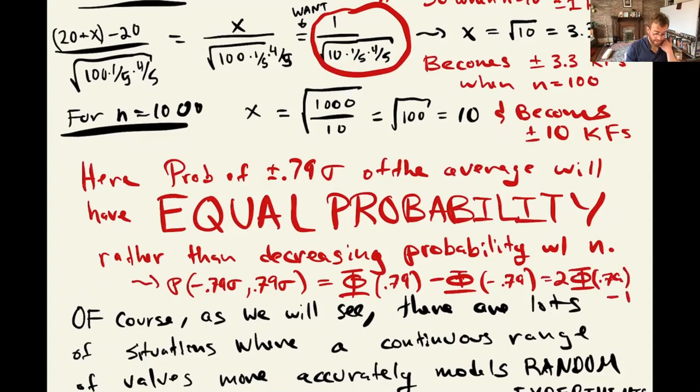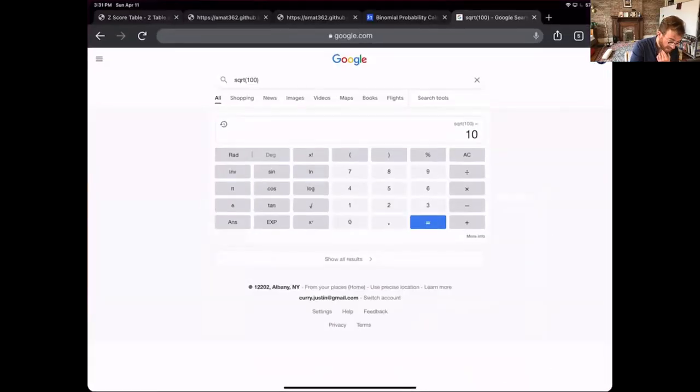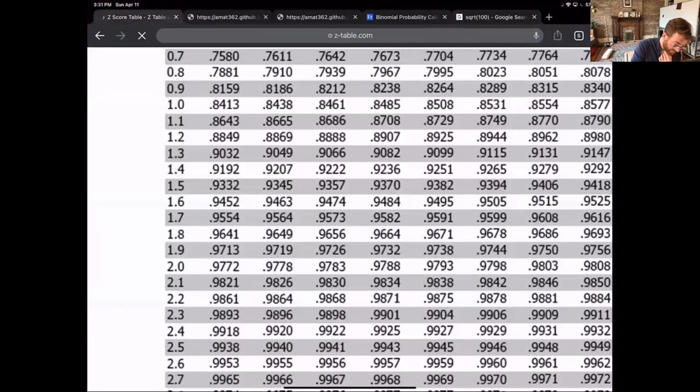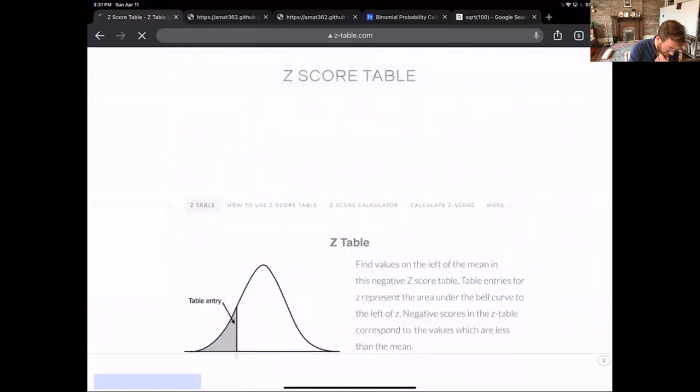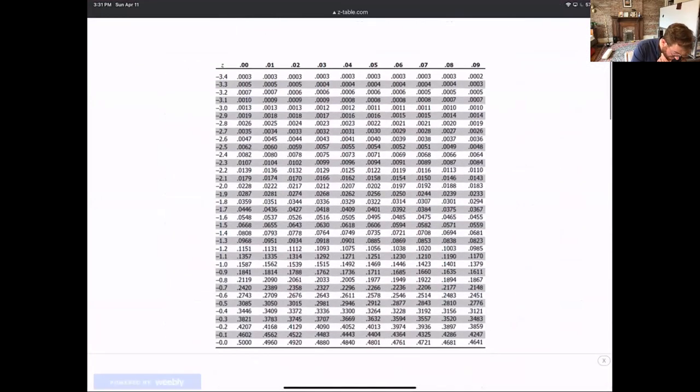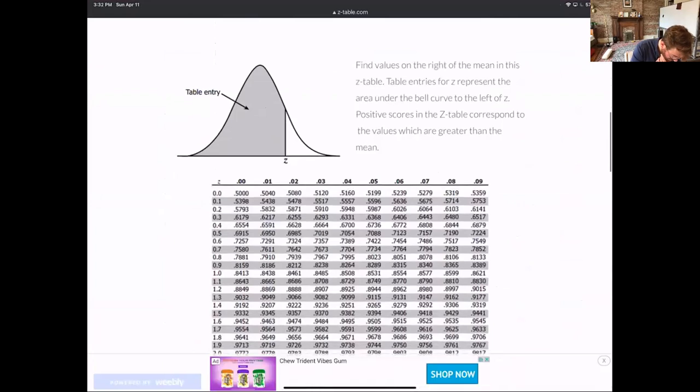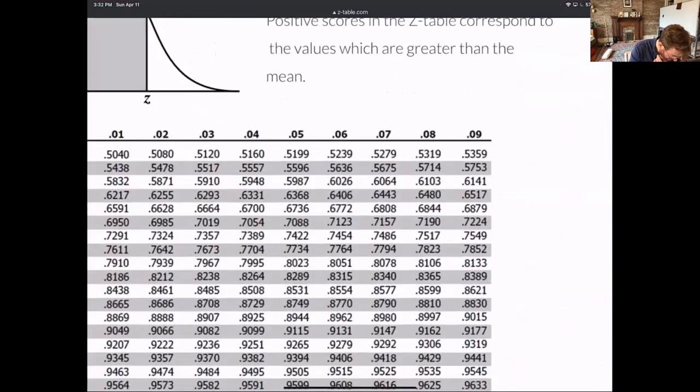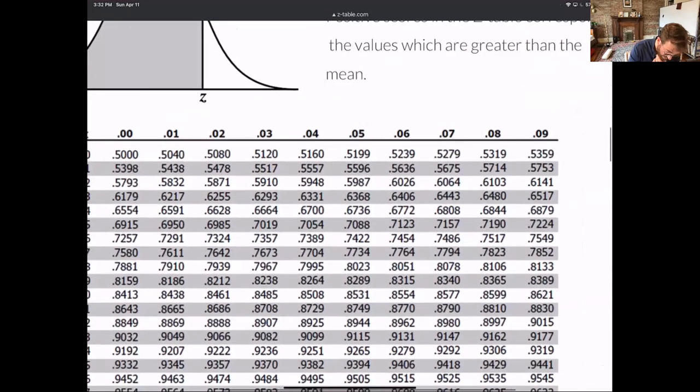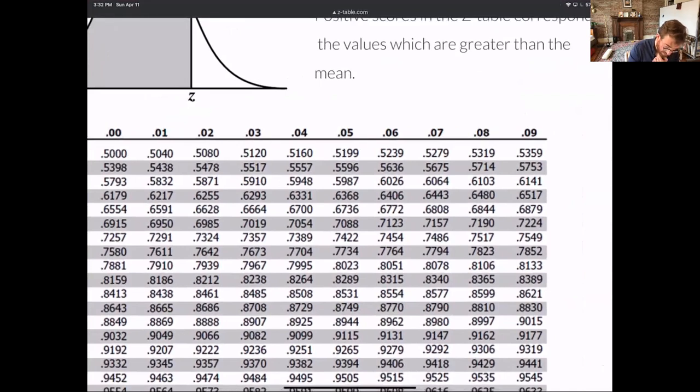And so if I go to my z table and look at 0.79, it's this last entry right over here, 0.7852.